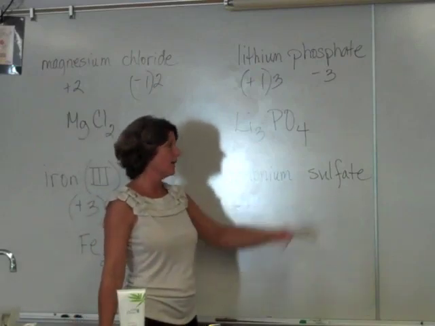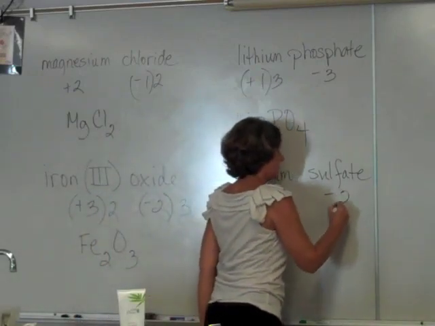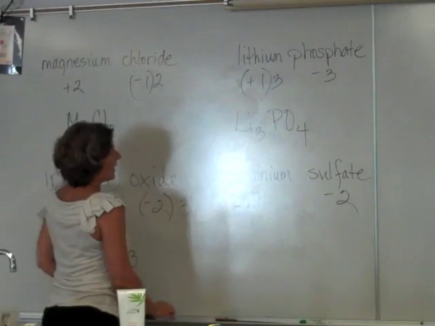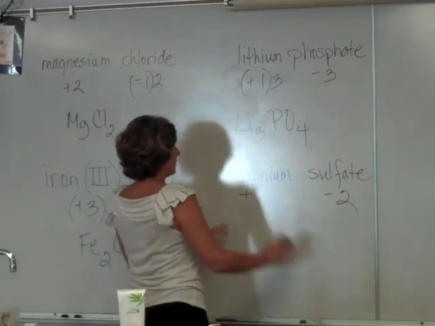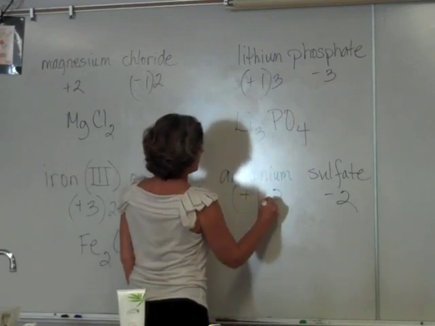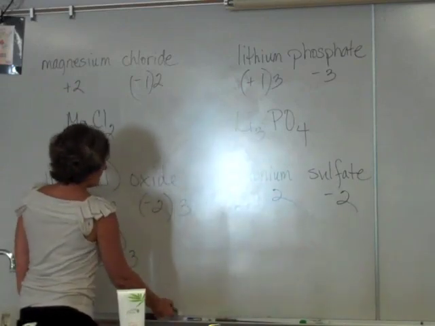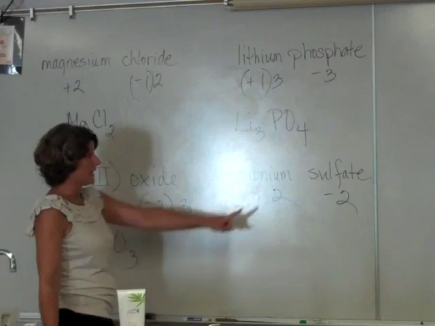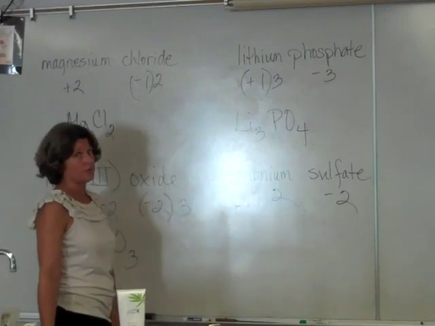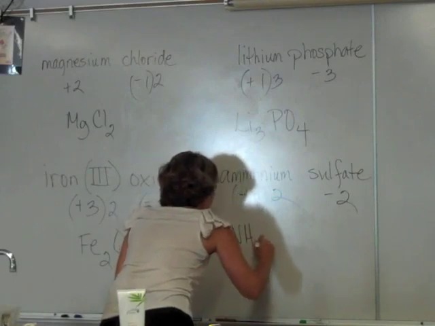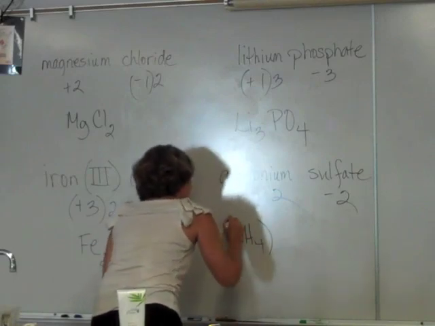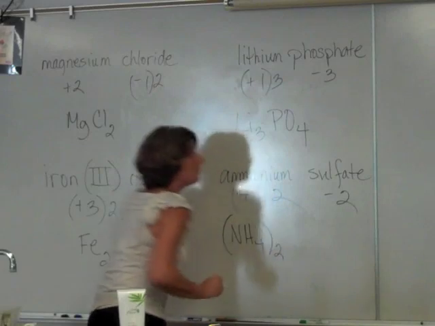Sulfate has got a negative 2. So to balance my negative 2, I'm going to have to multiply this by 2. I need 2 ammoniums, NH4, and I need 2 of them.